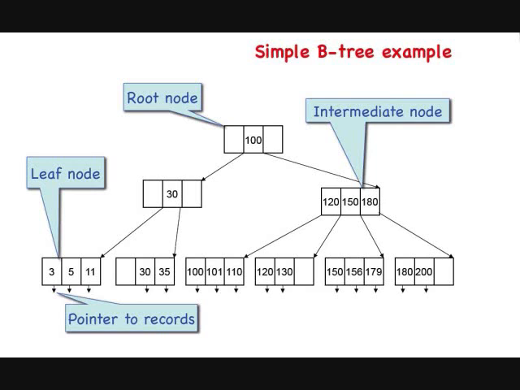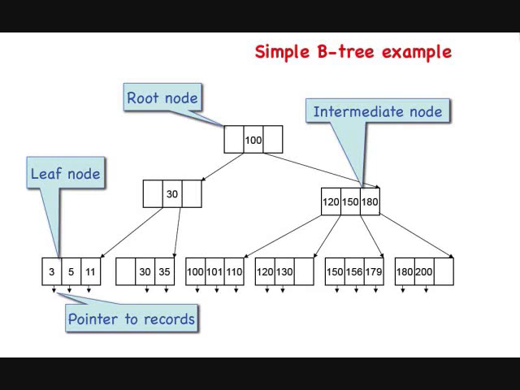If we come in here with a value, say our value is greater than 100, off we come down here, and we can see we've got some values there. We're looking for 156. Yep, there we are.